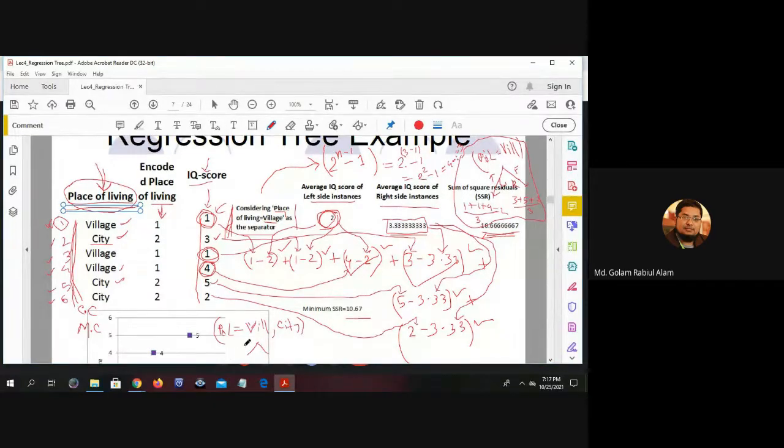So is it true or false? That means true, here is the false. In such a case, on the left side you will get the village and city people, and on the right side you will get what? You will get just the other capital city and also the metropolitan.